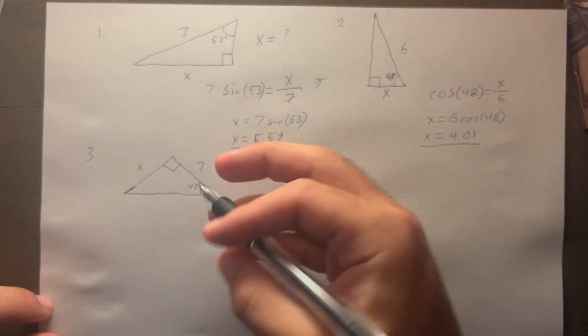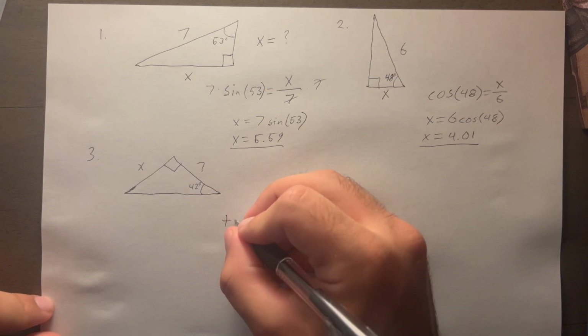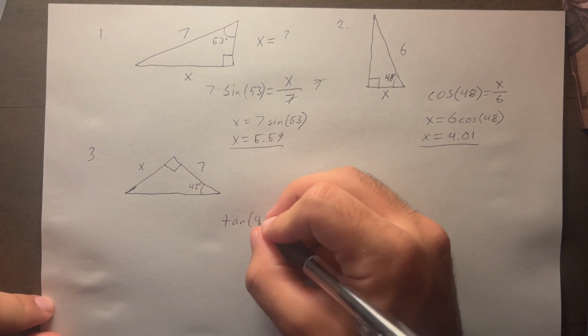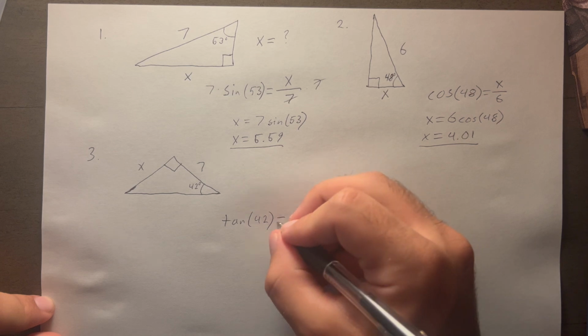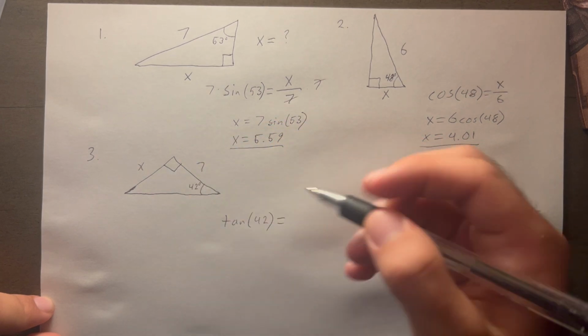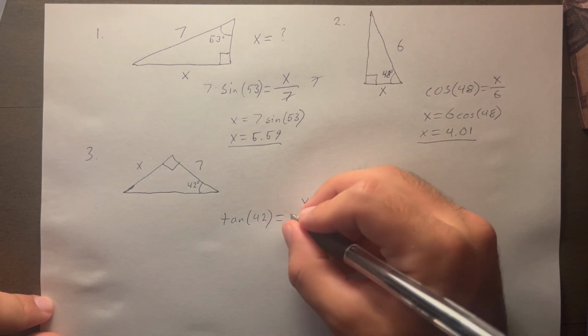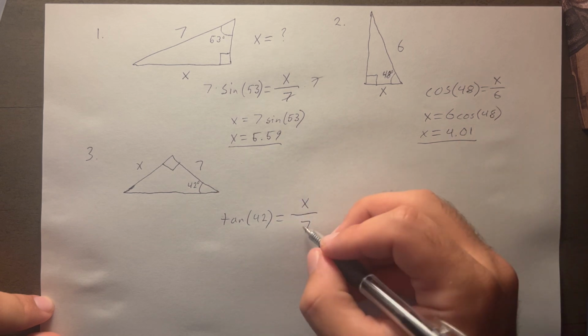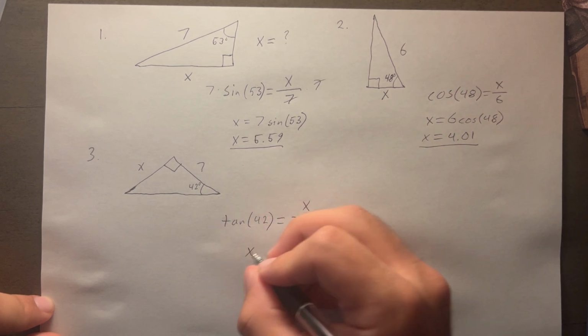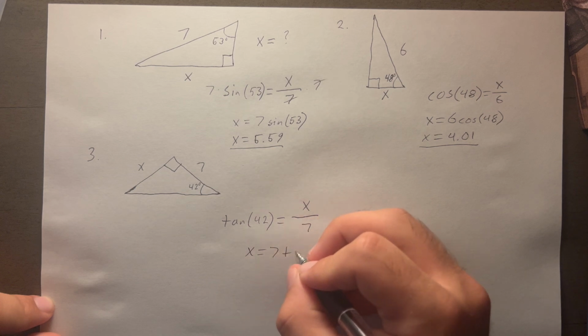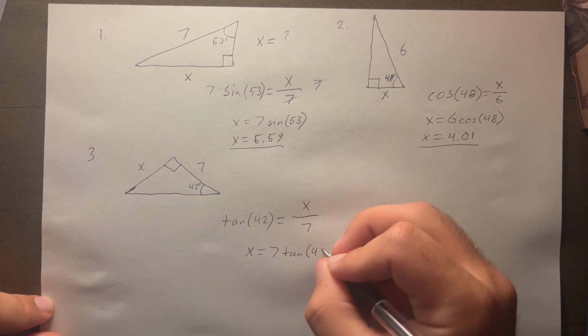That's right, tangent. So tangent of 42 equals opposite over adjacent. So x over 7, multiply 7 to the other side. x equals 7 tangent 42.